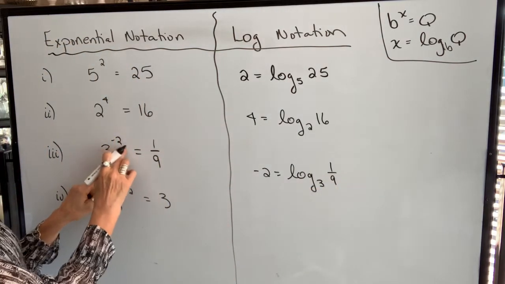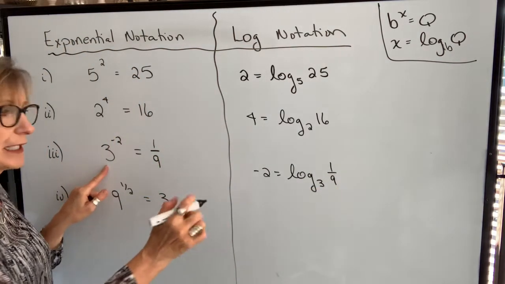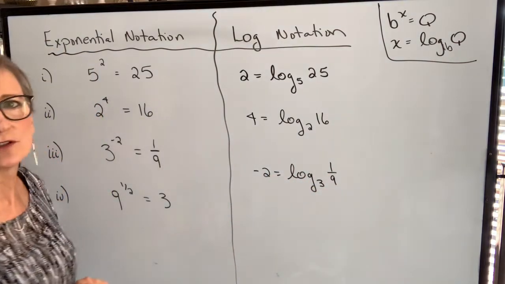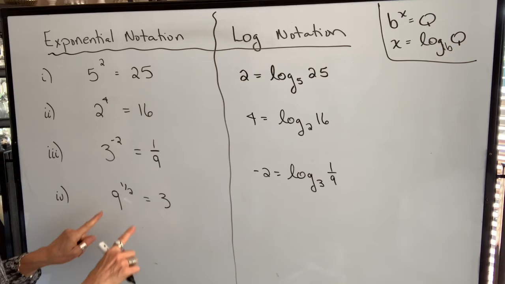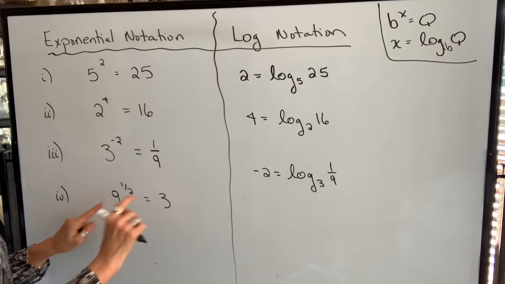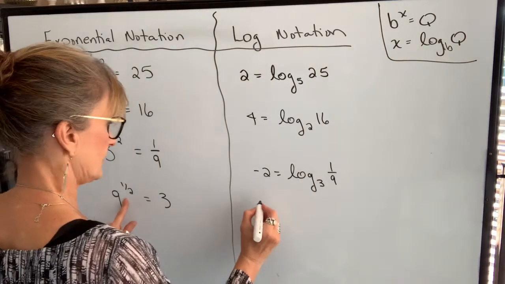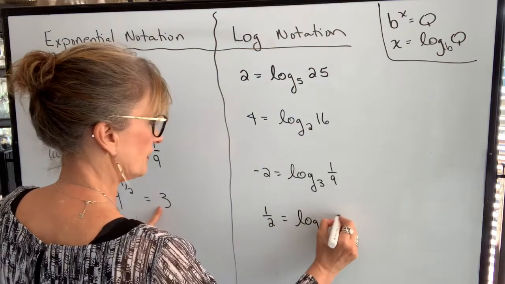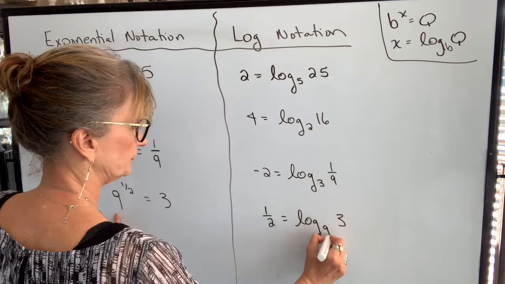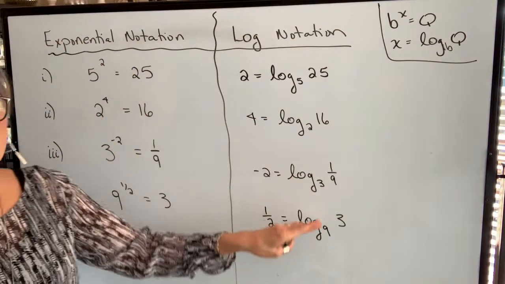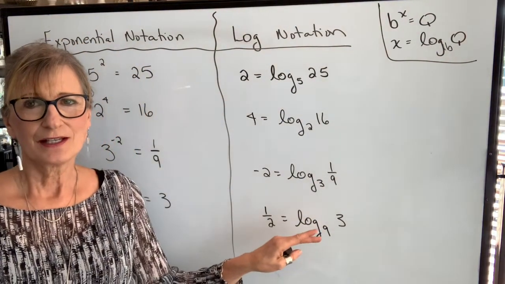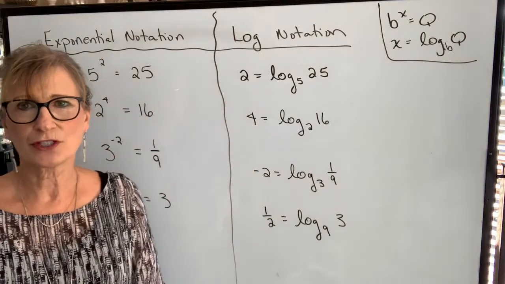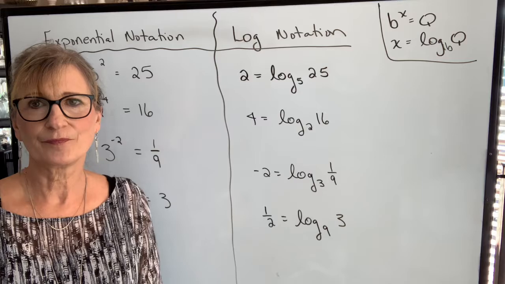So 3 to the negative 2 equals 1/9 can also be written as the log of 1/9 base 3 is equal to negative 2. 9 to the 1/2 equals 3 could also be written as the exponent, which is 1/2, will be equal to the log of the quantity 3 base 9. So it's very easy to get confused with these, unless you can think of them in exponential notation. Then I think it makes it a little bit easier.